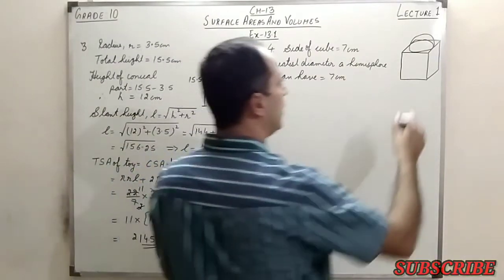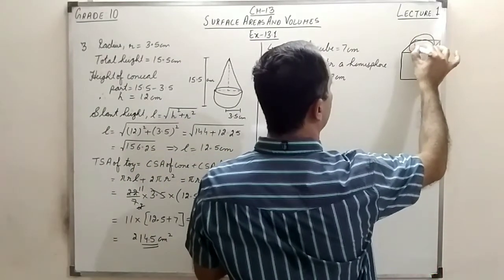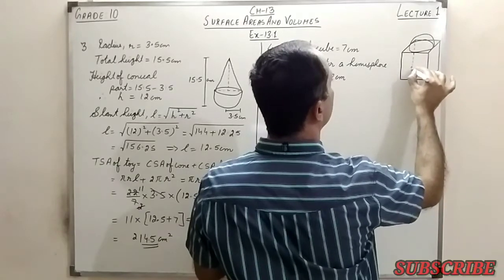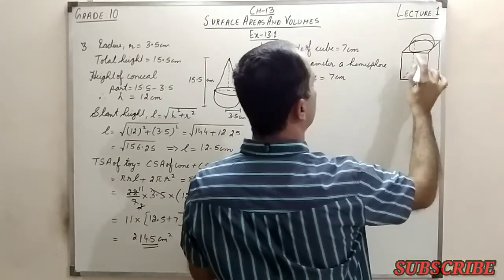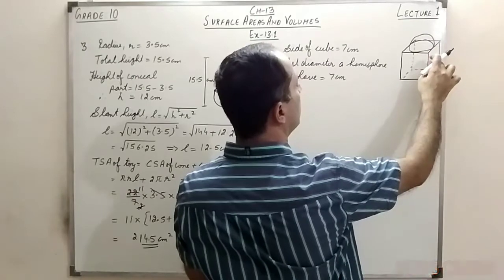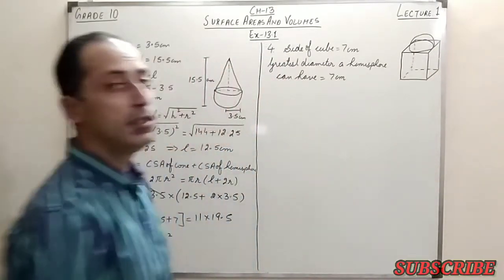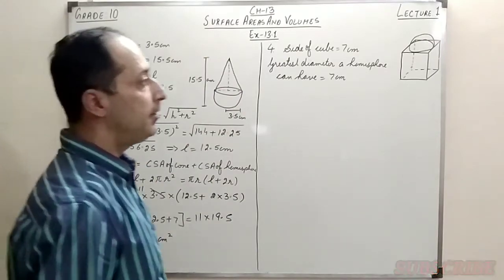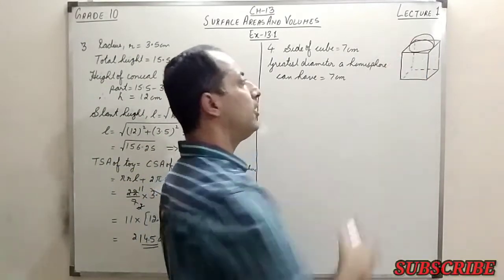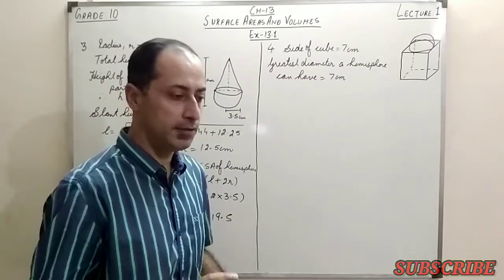I just draw a little bit, something like this. So 1, 2, 3, and this one 4, and the one base. This is completely visible. And the curved area of the hemisphere is also visible to us.